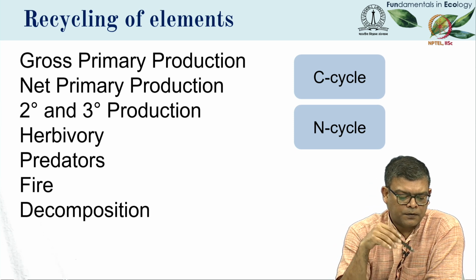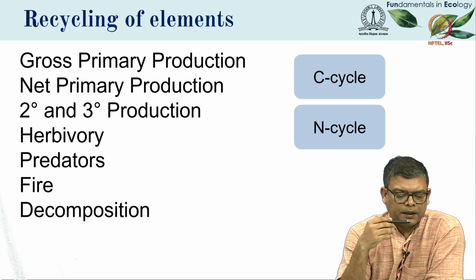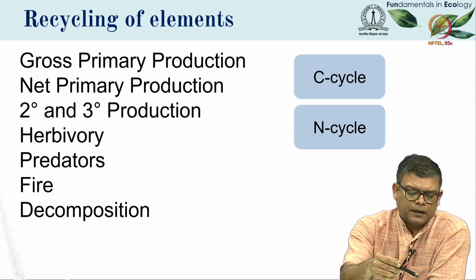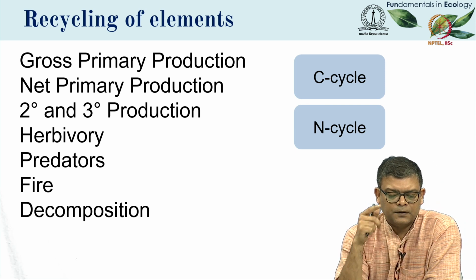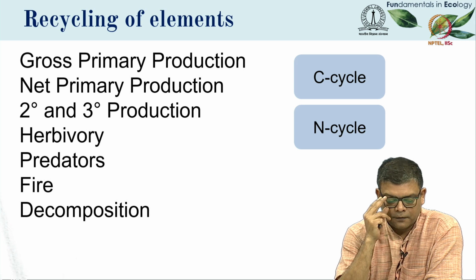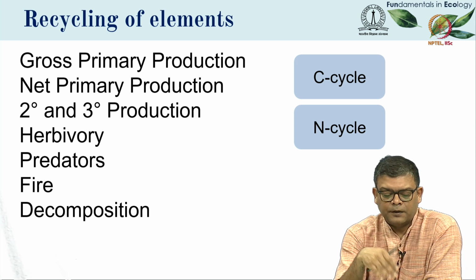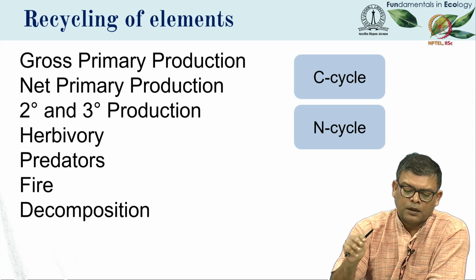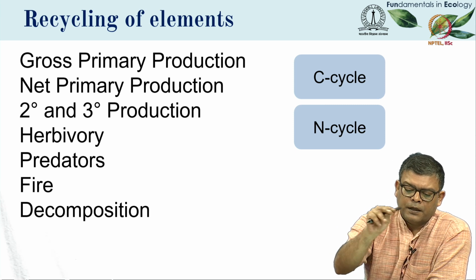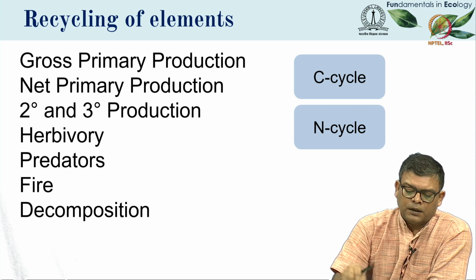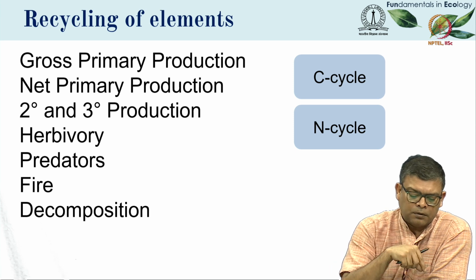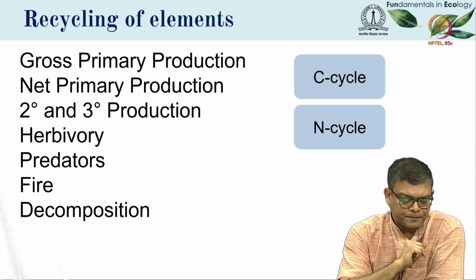So a large amount of material is recycled back into the atmosphere as fire, and some amount of material is recycled back into the atmosphere when plants do their respiration, when animals do their respiration. So they take the carbon atom which was originally in the air, it went into the plants, went into the animals, and then came back into the air through respiration.